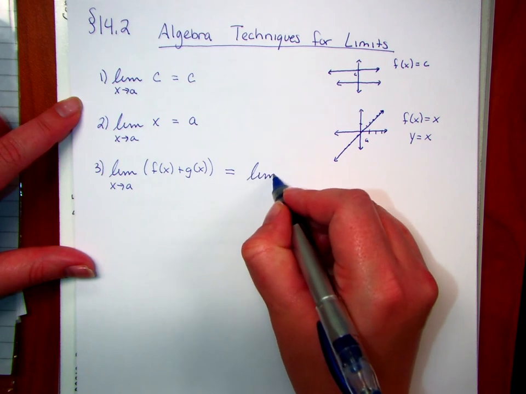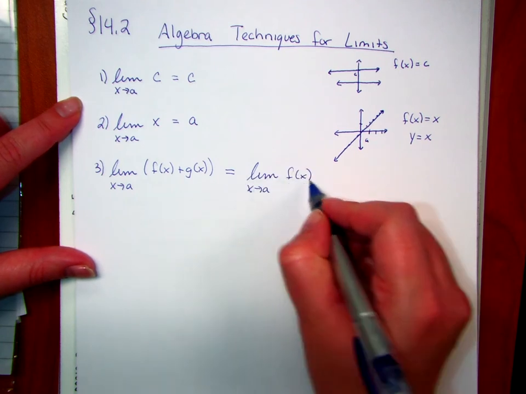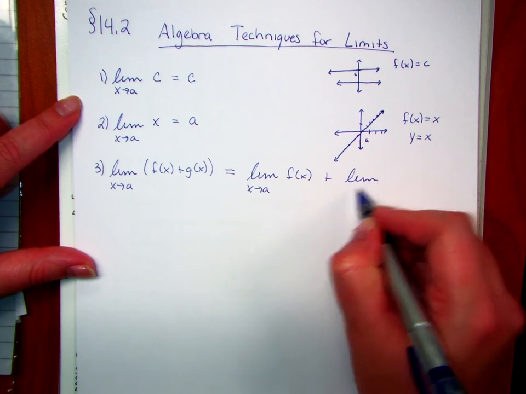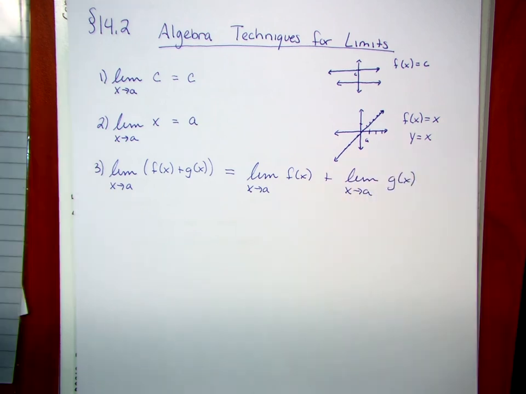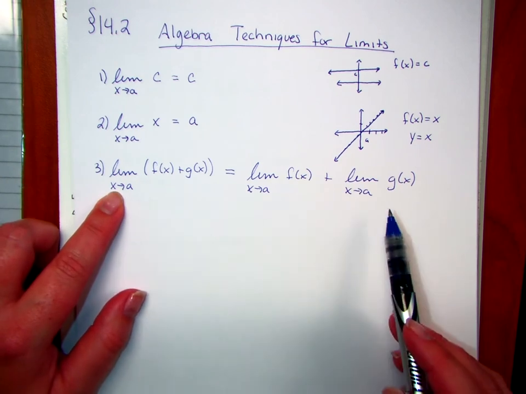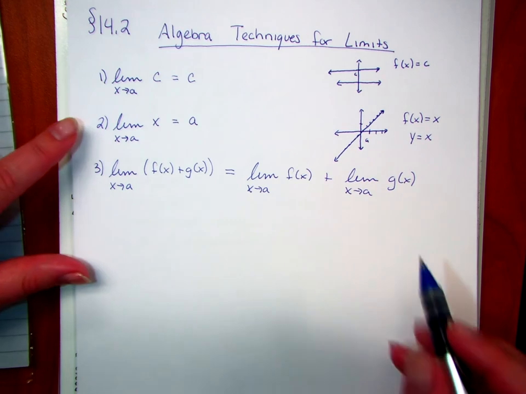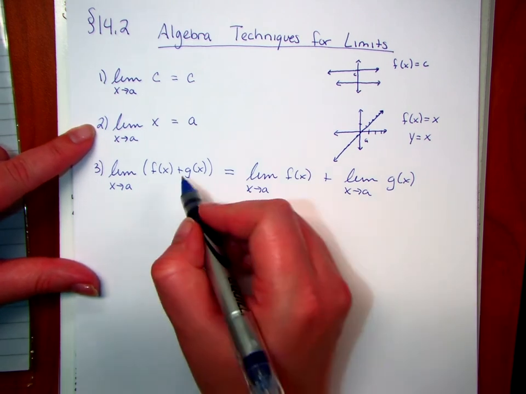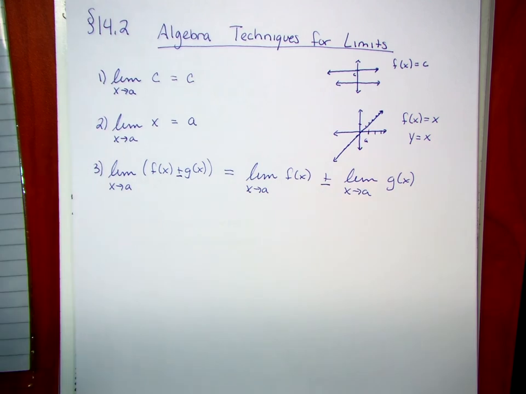So we can separate that sum out when necessary and evaluate it as two different limits. Right? So I say the limit of a sum is a sum of the limits. The same thing is going to occur with subtraction. So actually, let me just put a minus here. It doesn't matter if it's plus or minus. Okay, you can separate them out.